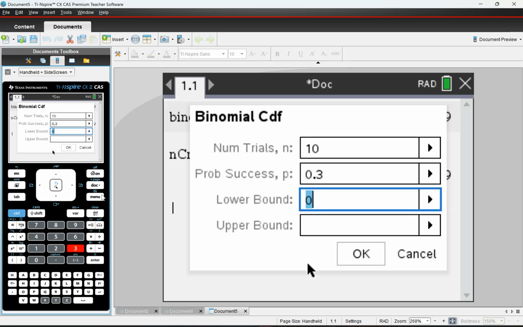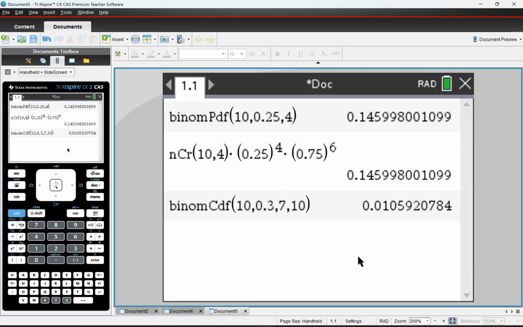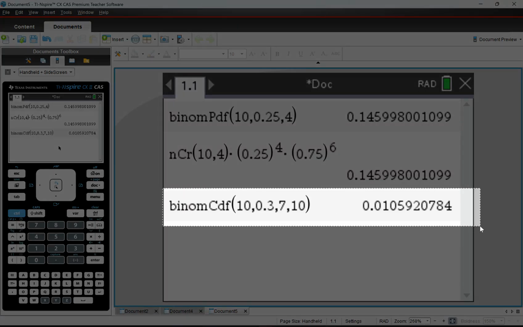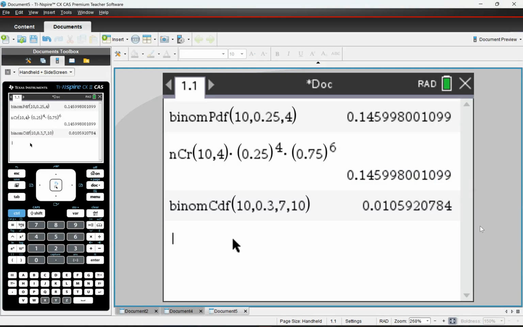Lower bound, I want from 7 people that are unmarried or more, which is 10. And that's how you get it. Okay, so your answer for this one should have been 0.0105, but because it says round to 4 decimal places, it should be 0.0106.